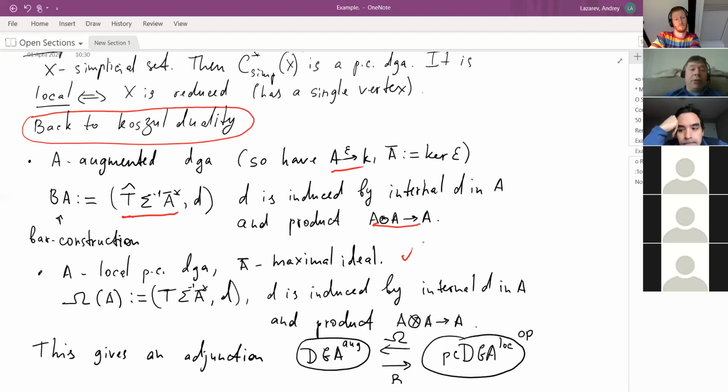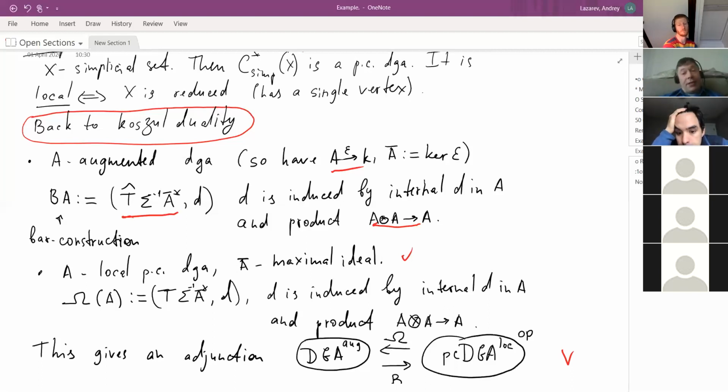Notice that when A bar is pseudo-compact, then the dual is not pseudo-compact. So we're in good shape taking the non-completed tensor product. And then there's D, which is again induced by the internal differential and the product. So that gives an adjunction.